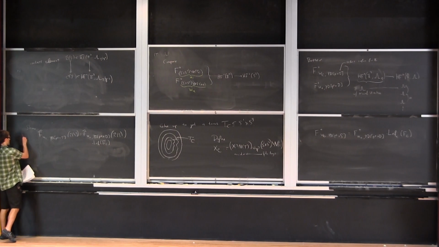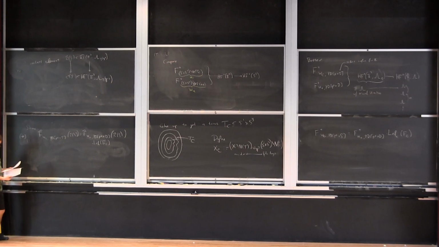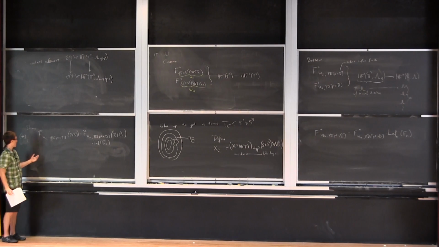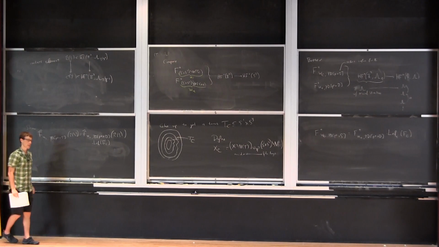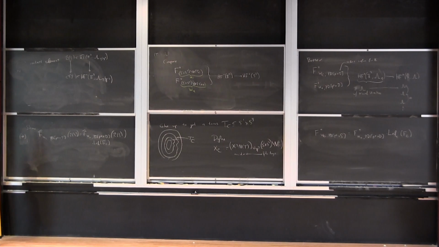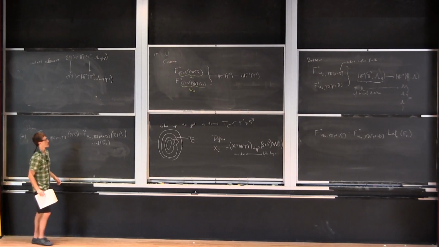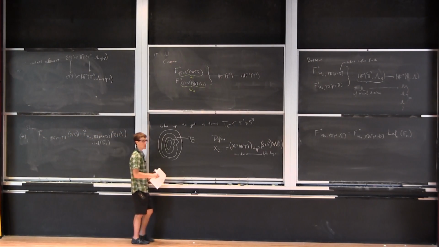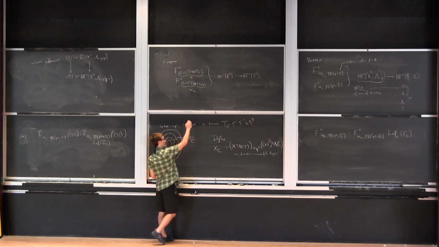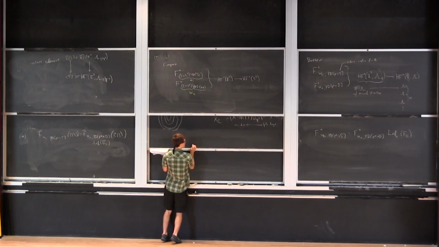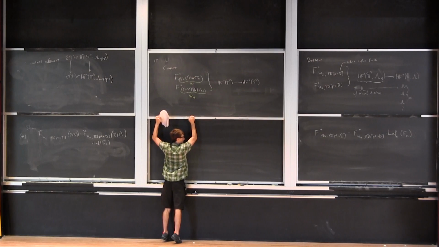So let's label this star. We're going to try to show that. Now we're in the hat version, and there are some more flexible TQFT structures available in the hat version. So to show star, we're going to use sutured Floer homology, a sutured Floer homology TQFT due to Juhász.